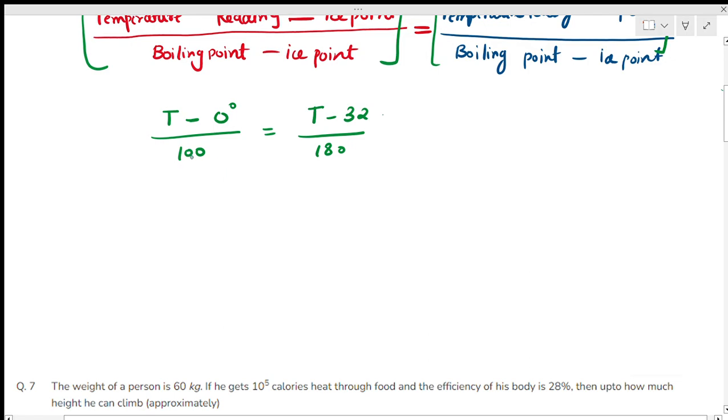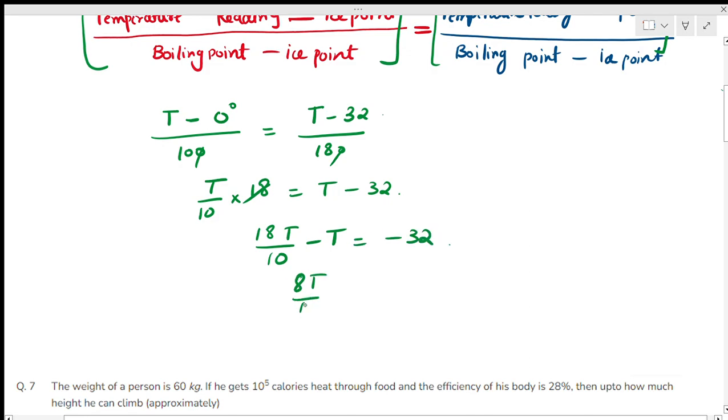So it comes out to be T by 10 into 18 equals T minus 32. So it comes out to be 18T by 10 minus T equal to minus 32. So it comes out to be 8T by 10 equals minus 32.